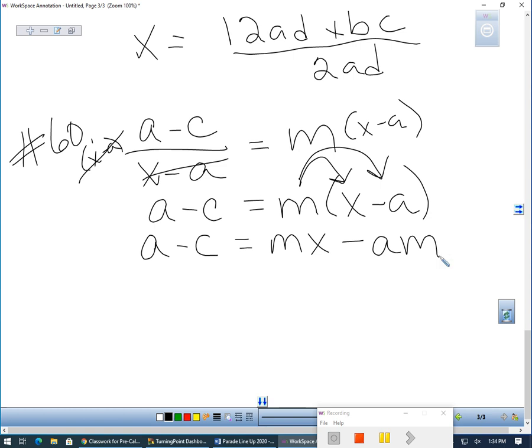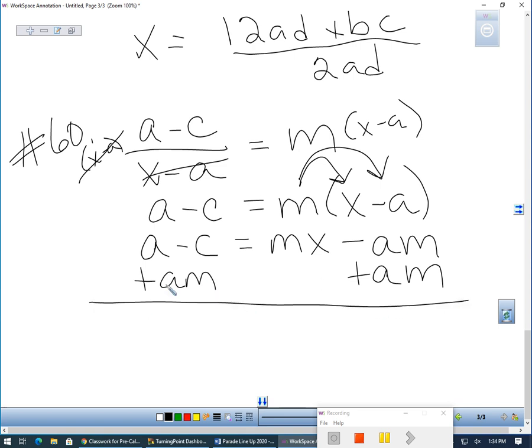Good. Absolutely. Now, the term that does not have an x in it, we want to move to the other side. That's the term that has an x in it, so let's get rid of this one, right? So I agree with David. Let's add am to both sides. All right. Is am a like term with anything else?